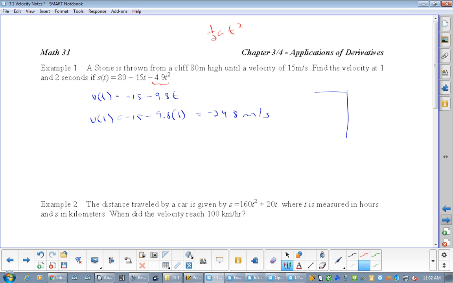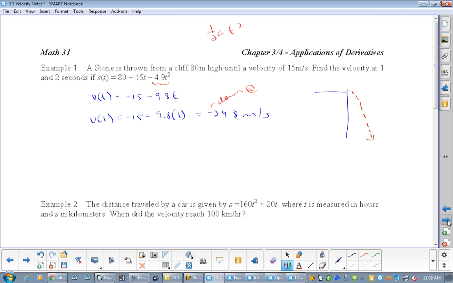You threw this rock, and it's doing this, right? So I would expect that to have negative velocity. Does negative mean it's slow? No, it means it's going down. So this is down at 24.8 meters per second.